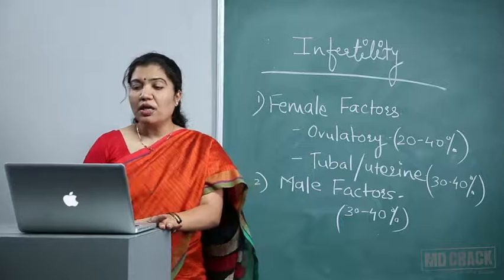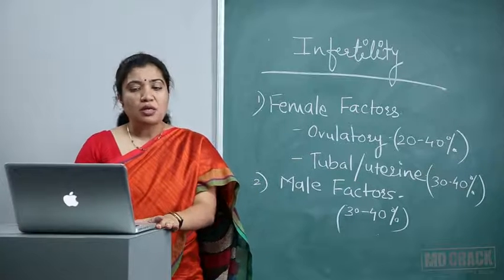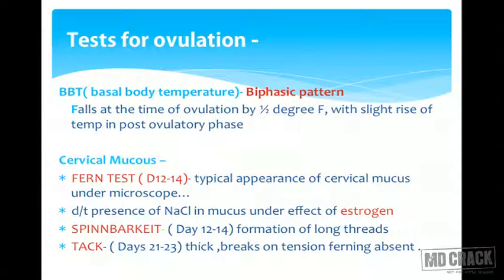It will break, and this is called tack. It is seen from day 21 to 23. The mucus would become thick, breaks on tension, and ferning would be absent. So these changes tell us that there is ovulation taking place in that particular female. Spinnbarkeit, fern test, tack: 3 MCQs in one test.